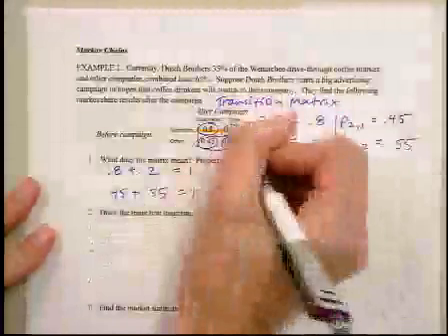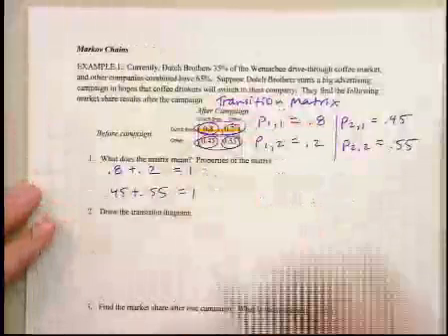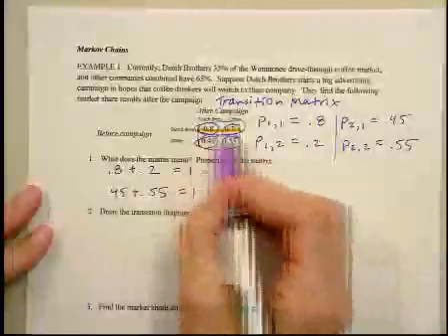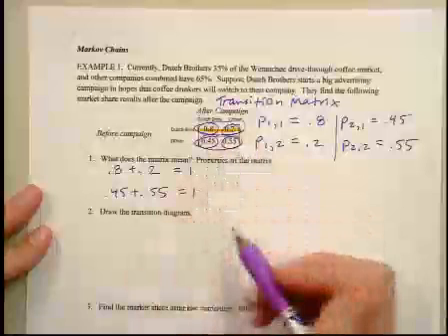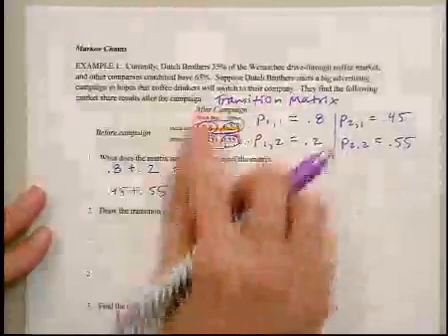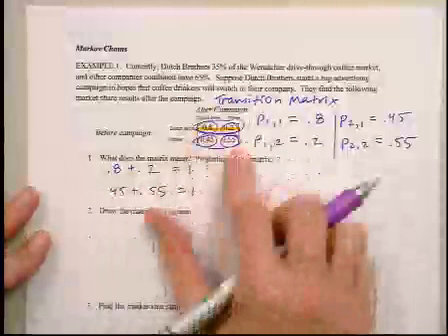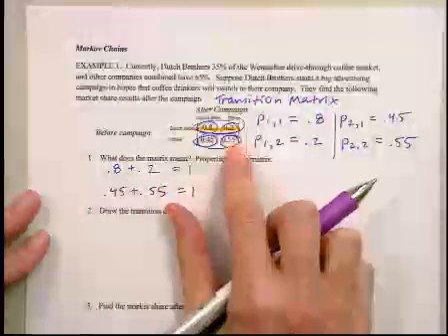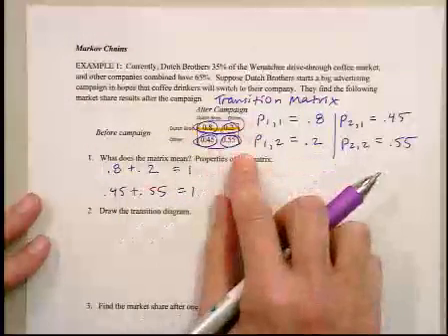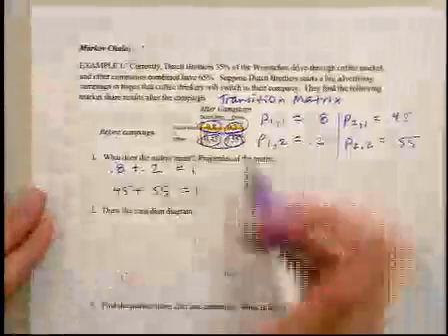This is not true of the columns. Another property is that every single entry, the 0.8, 0.2, 0.45, and 0.55, are all between 0 and 1. You'll see zeros in these matrices, you'll see ones in the matrices, but nothing bigger than 1, and never a negative number.